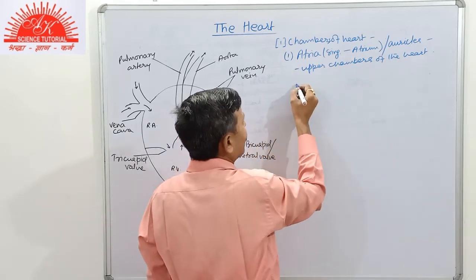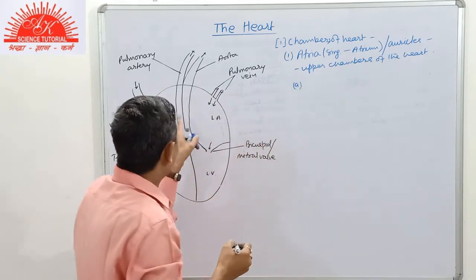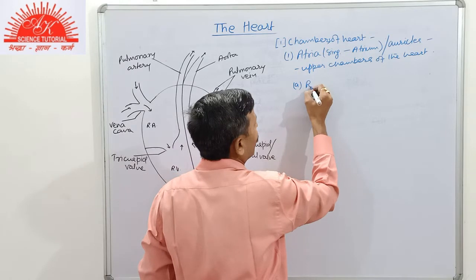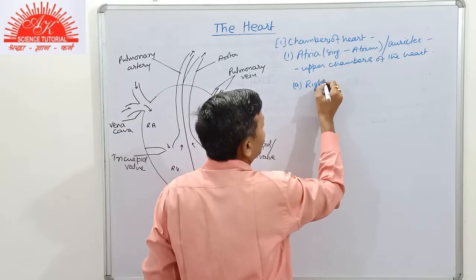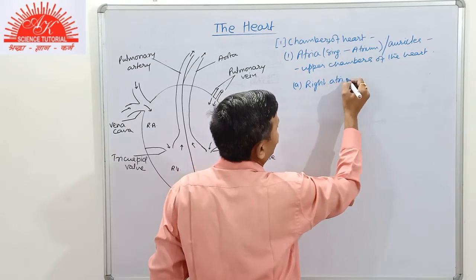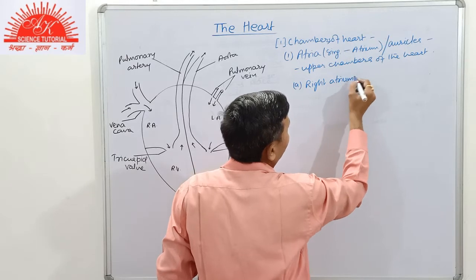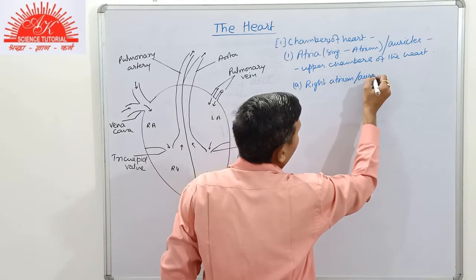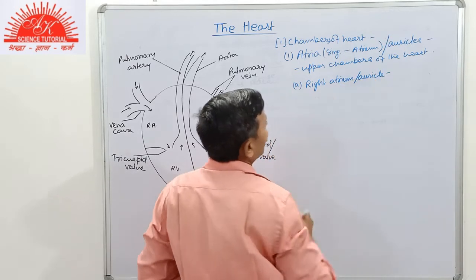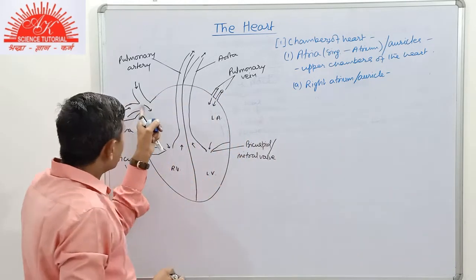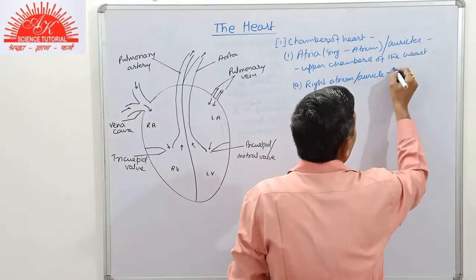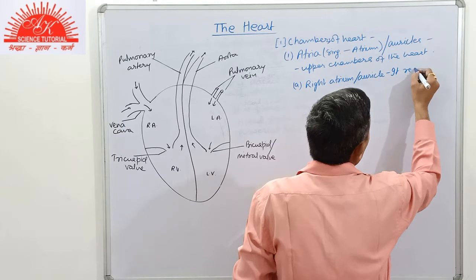Again you have seen it has two parts. First of all, the right atrium. If you have to write singular, you will write atrium or auricle. Right auricle.